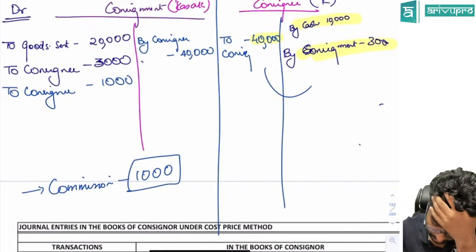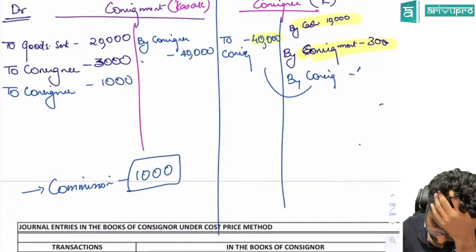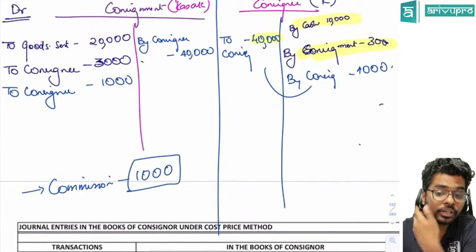Now in the consignee account, I will again write it as by consignment 1000. Are you clear?